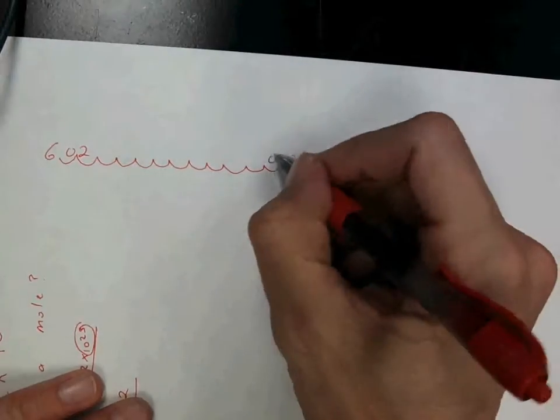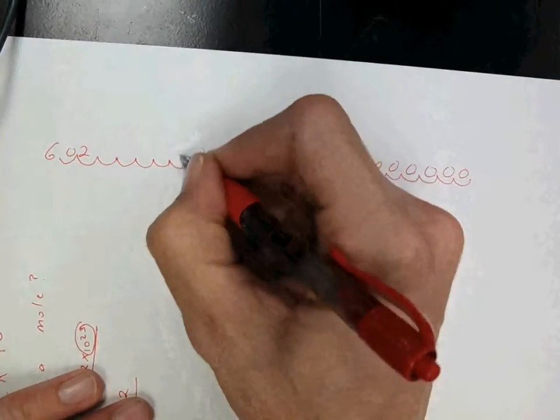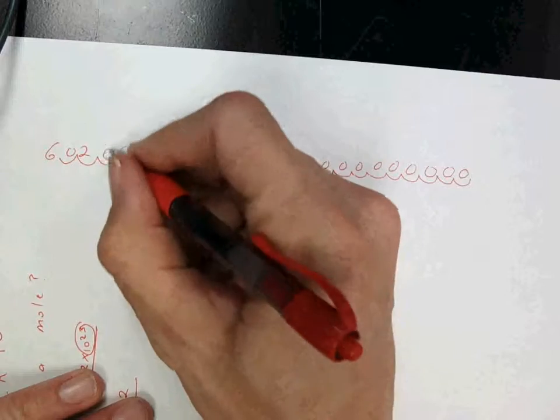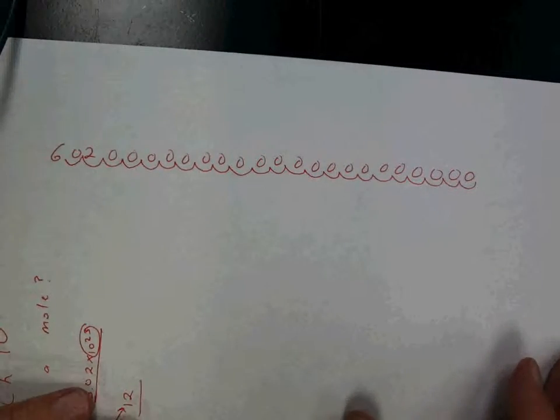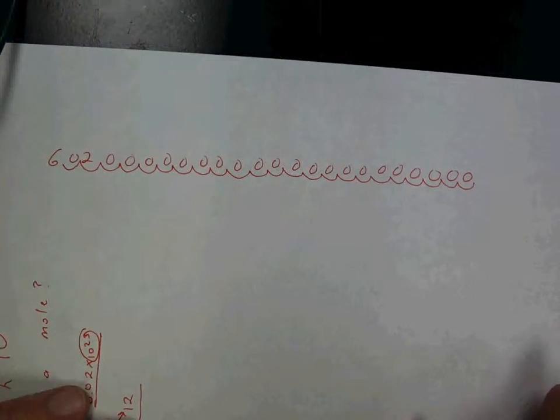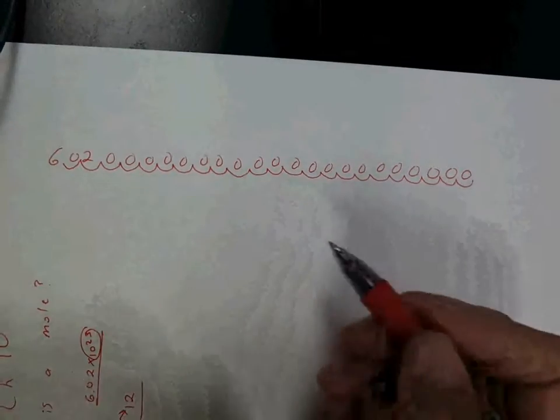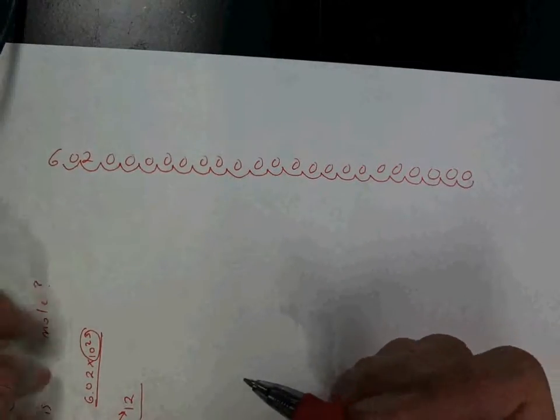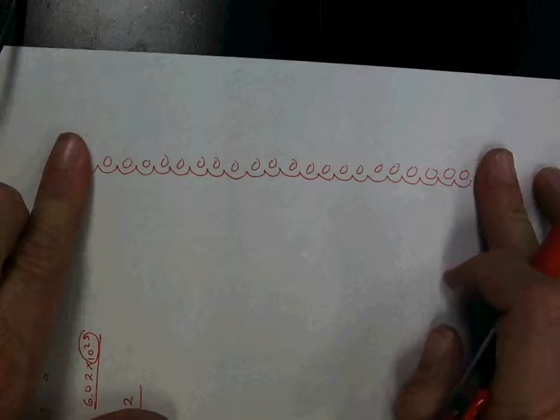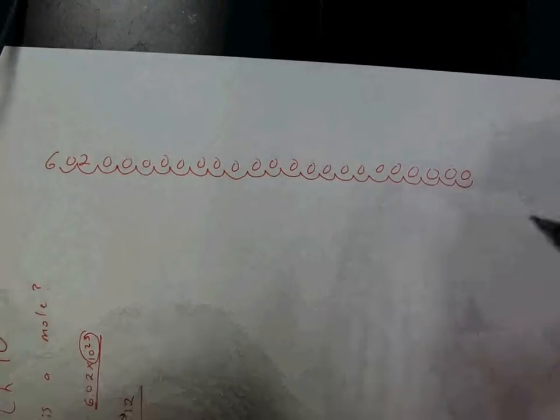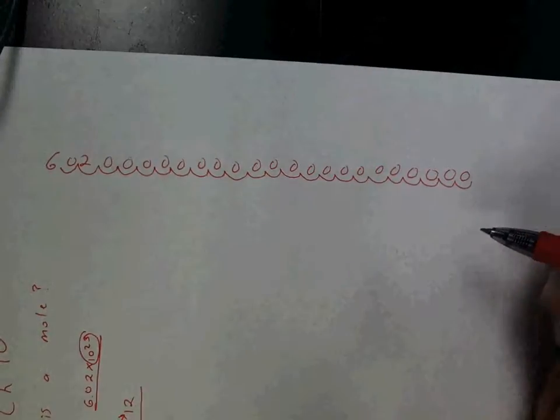You see where I'm going with this? Man, my hand's starting to hurt. It's like the number of dates that I didn't have in high school, right? Well, actually, the number of dates that I had in high school would be more like from there to there, right? Just the zeros. But anyway, this is the number that represents a mole.